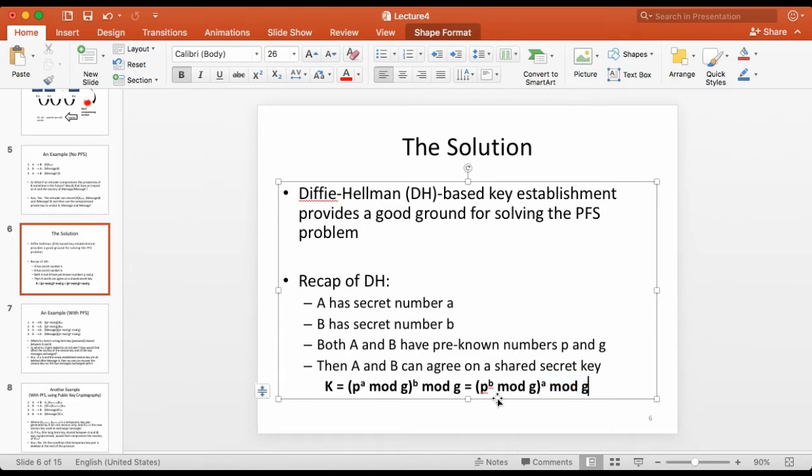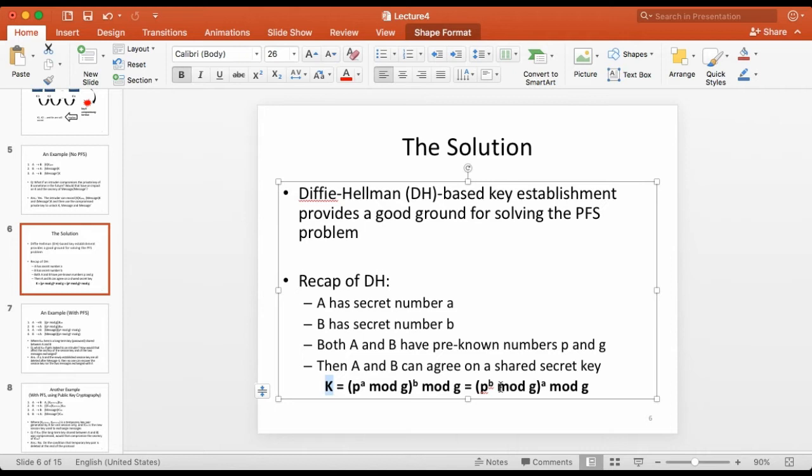Now, the magical trick about Diffie-Hellman is that the two sides of this computation are essentially an equivalence. So you end up with two numbers exactly the same, which is the key that the two sides have agreed on using for future communications.